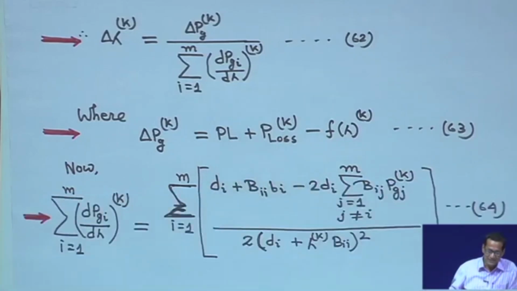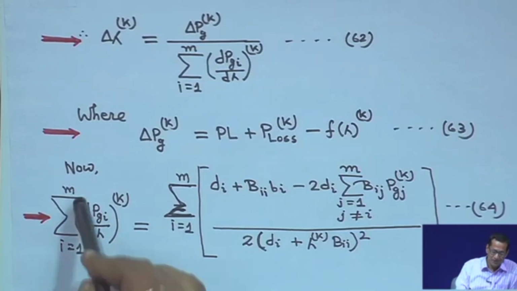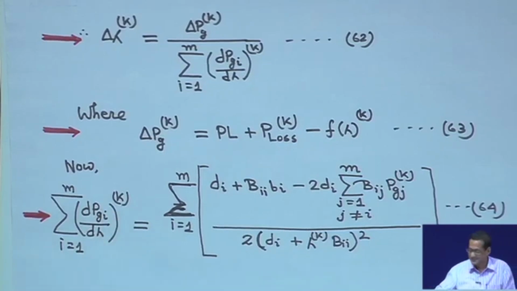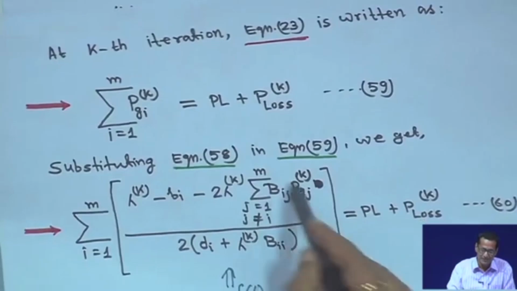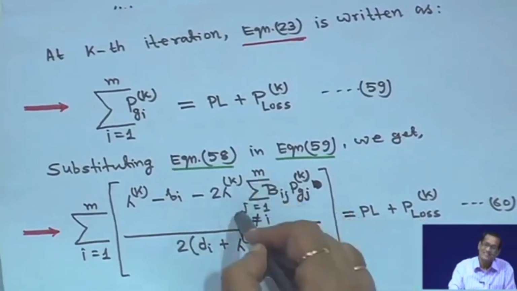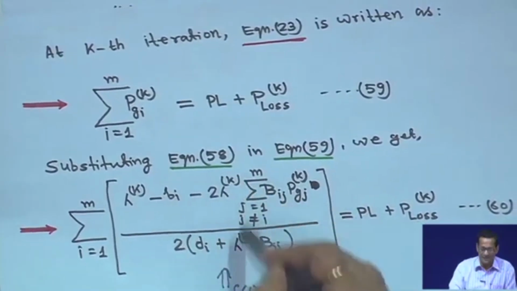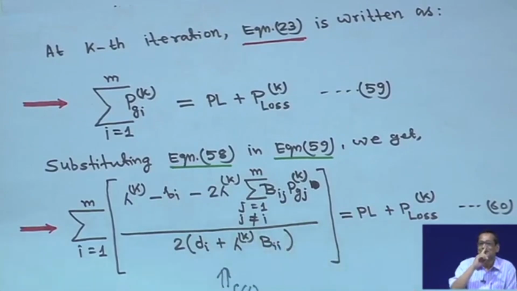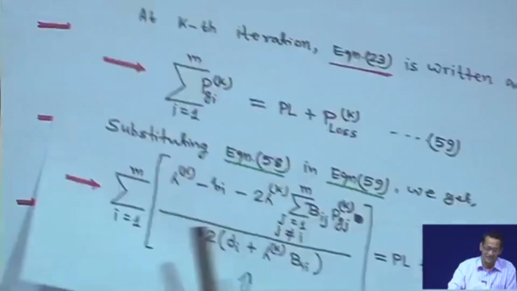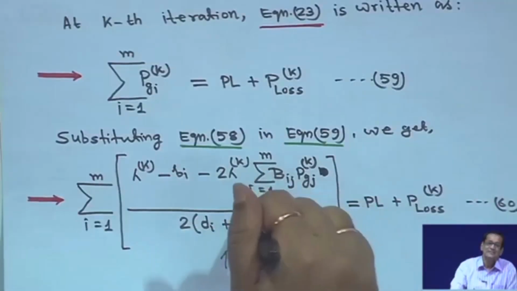Therefore, this sigma i equal to 1 to m dPGi by dλ, that means if you take the derivative of this equation with respect to λ, please take this derivative. If I write the derivative, it will take another two pages, so I do not want that; this derivative you please do.